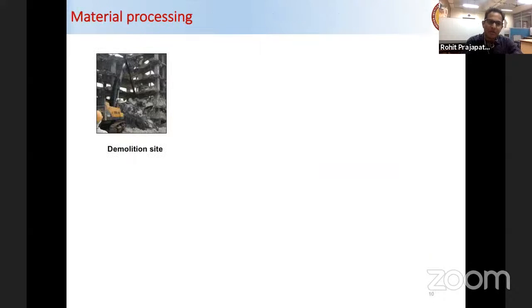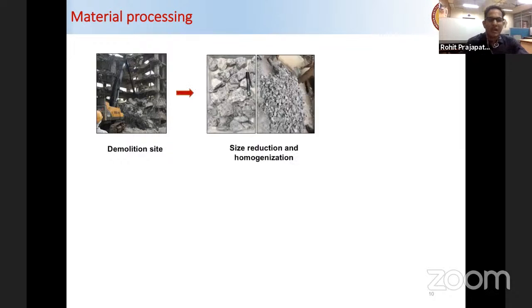So we have brought the concrete from this demolition site nearby our campus in Chennai, and then we have reduced the size to 50 mm. That was also based on a study where we have looked at different sizes, and we homogenized it to make a homogenized feed because the concrete could be of different strength in a structure. It could be from column, beam, or other parts.